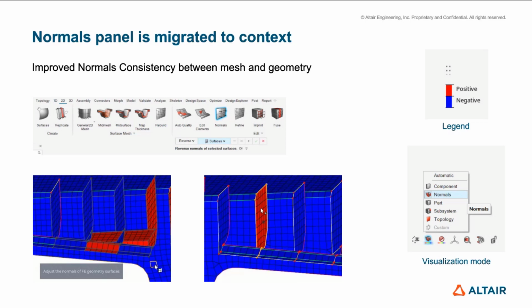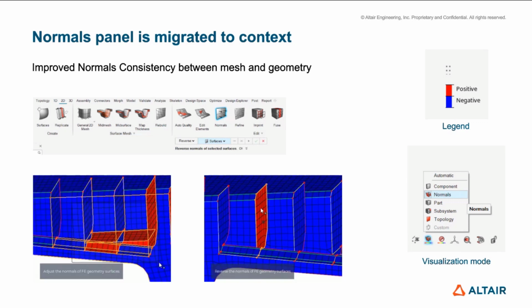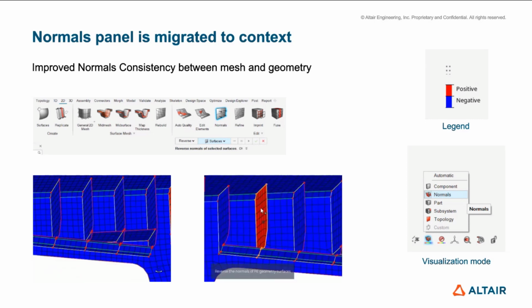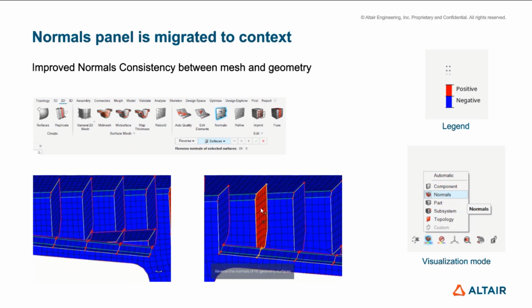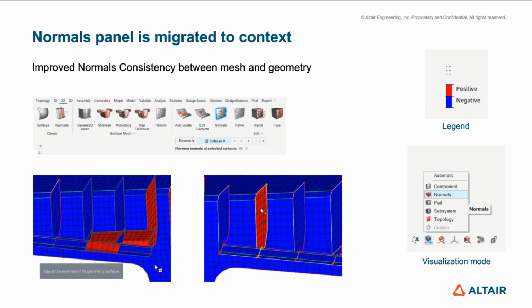Moving to the next item, we have also migrated the normals panel to a context workflow, wherein we had this normal icon under 2D, which used to point to the panels. Now it enables us to go through the context workflow. Now we have ensured more consistency between element and surface normals. Element normal is always aligned with the surface normal, especially when we are in the normals context.